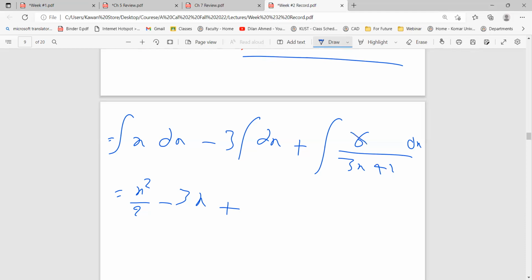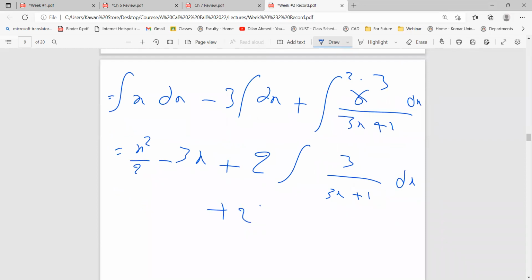I'm going to write that one as 2 by 3. Am I right? 6 is equal to 2 by 3. So I'll get 2 times the integral of 3 over (3x plus 1) dx. Now I have a fraction. The first idea, I say what? Think about ln. Do you have a derivative in the numerator? Yes. So directly the integral is equal to 2 ln|3x plus 1| plus c.